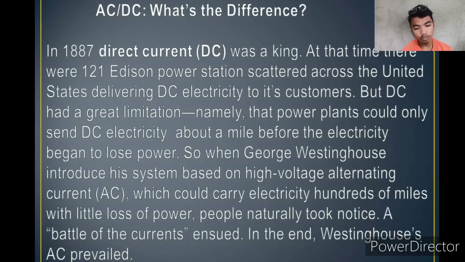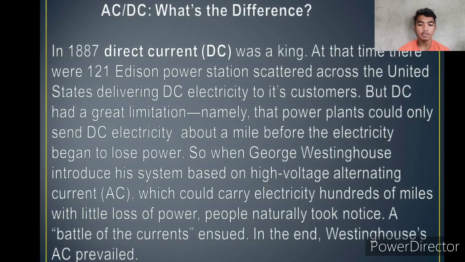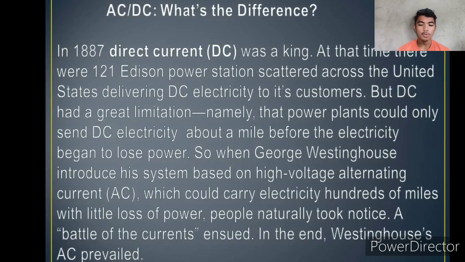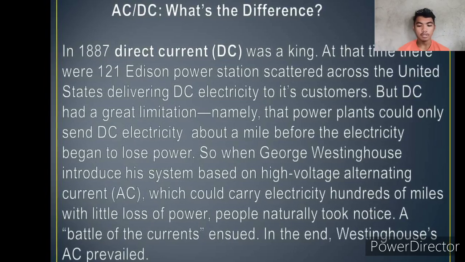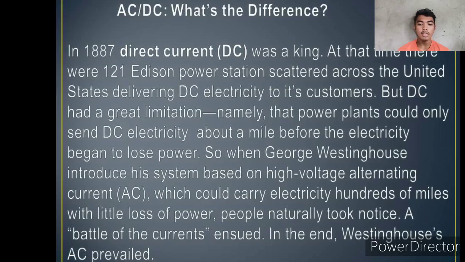So, when George Westinghouse introduced his system based on high-voltage alternating current or AC, which could carry electricity hundreds of miles with little loss of power, people naturally took notice. A battle of the currents ensued. In the end, Westinghouse's AC prevailed.